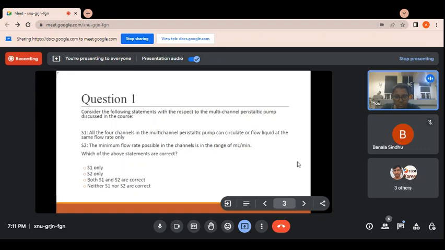So this statement is wrong. And what about the second statement? It says milliliter per minute, but it's actually microliter. Okay. And what about Banala Sindhu? Is the flow rate in milliliter or microliter per minute?